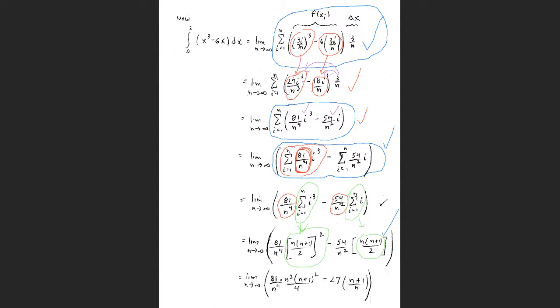Okay, and we can do that. So n times n plus 1 over 2 squared is just the same as n squared times n plus 1 squared over 4.